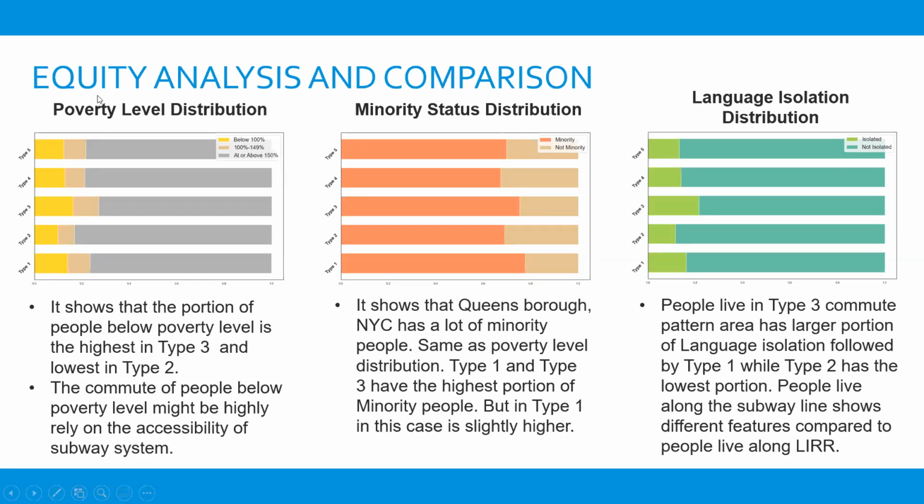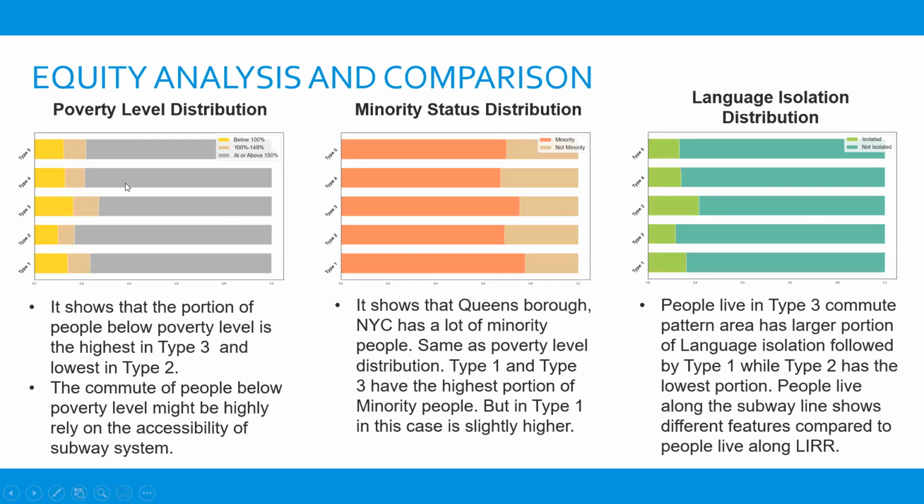Then we're gonna do an equity analysis and comparison on their poverty level, minority status, and language isolation. So here I plot the average of the 5 different types, type 1, type 2, and so on. Here we're gonna compare among those 3 different features.